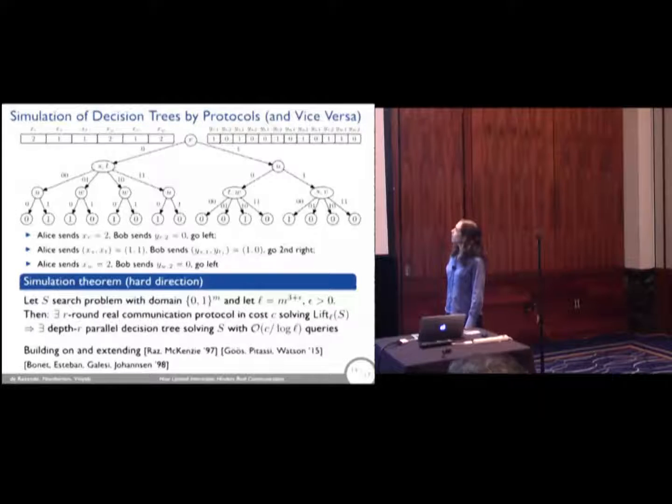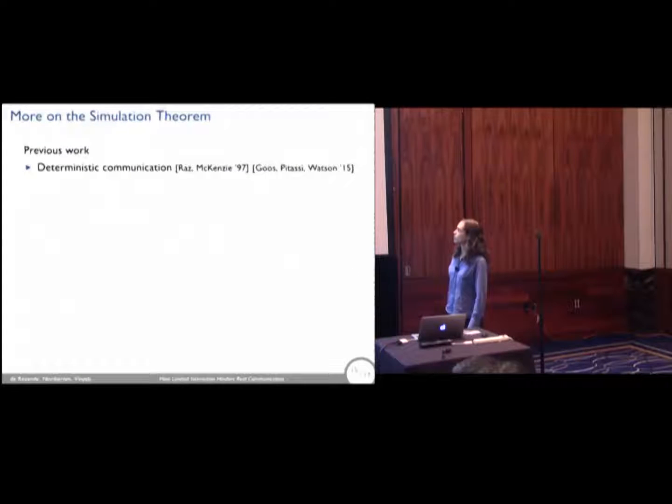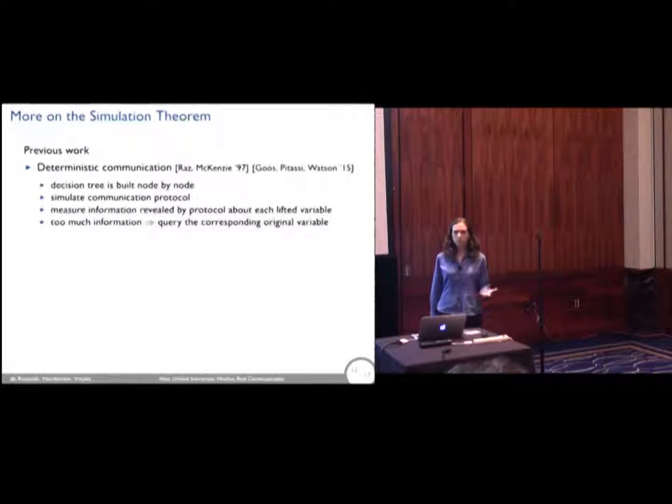So let's see a little bit more about the simulation theorem. Raz–McKenzie and Göös–Pitassi–Watson proved a similar theorem for deterministic communication. And I'll just have time to give some ideas of their proof. So the decision tree is built node by node. And it simulates the communication protocol, simulates messages being sent between Alice and Bob, and measures the information revealed by the protocol on the lifted variable.